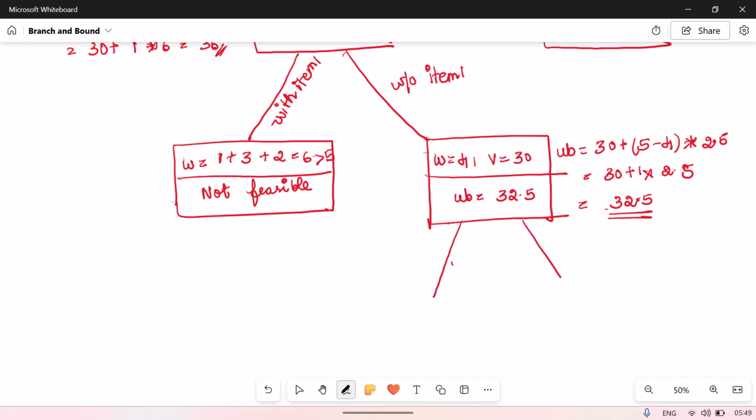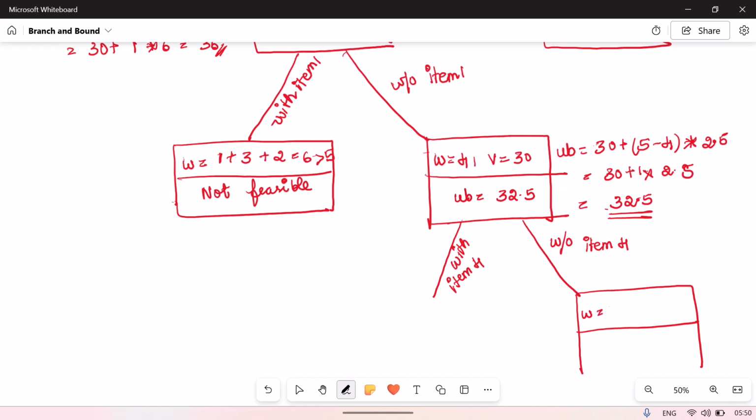So next option. So 2, 3, 1 is done. Now item 4, with item 4, without item 4. Without item 4 is easy.